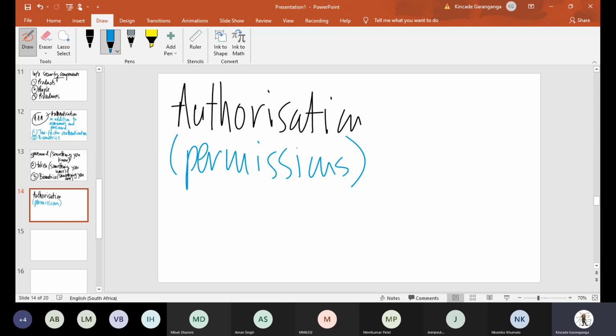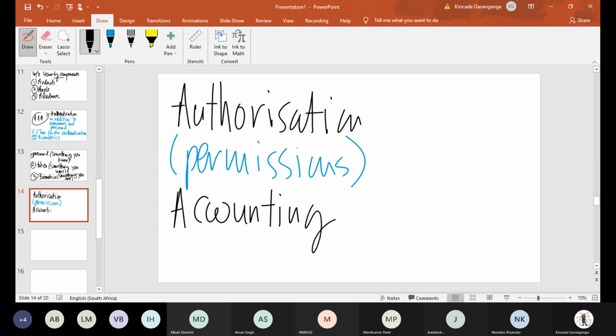So the other thing that you've got incorporated is accounting, right? And some literature might mention auditing. So you've got accounting. So this normally deals with some kind of audit trail, all right?